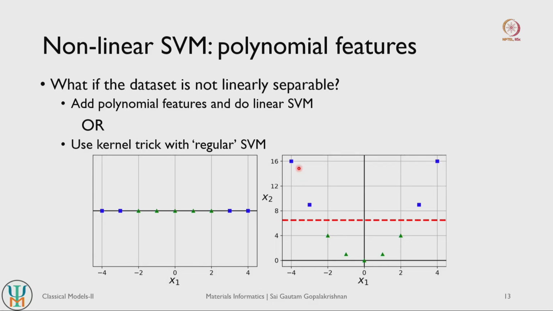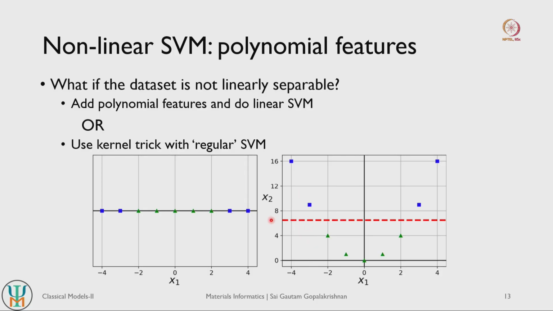I see that the data points now arrange themselves into a nice parabola. But the more interesting thing is that now I can define a linear cutoff value for my x2 feature, which is basically my x1 square, that separates out all the blue points and green points completely, right.